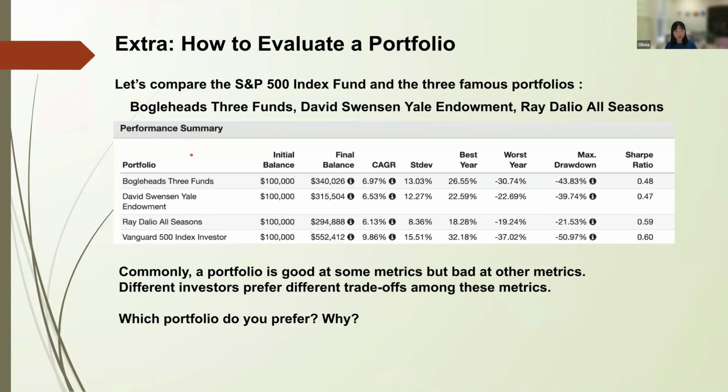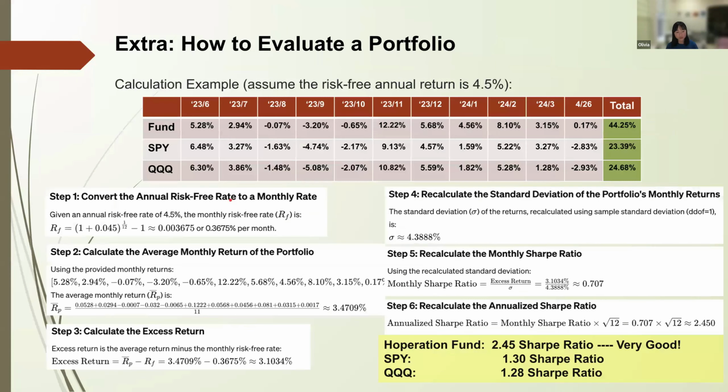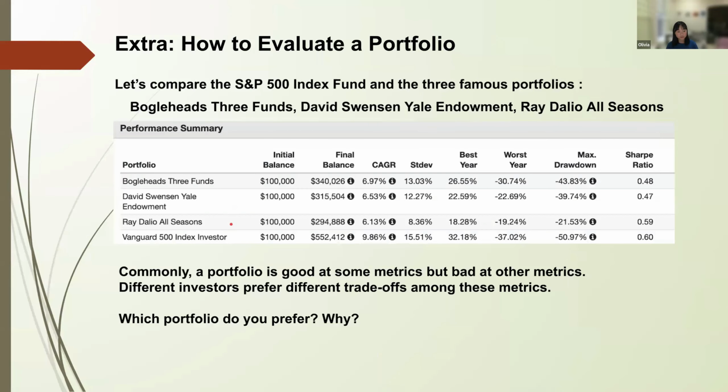Now let's compare the S&P 500 index fund and the 3 famous portfolios: Bogleheads three funds, David Swensen's Yale Endowment, Ray Dalio's All Seasons, and Vanguard 500, which is the index.